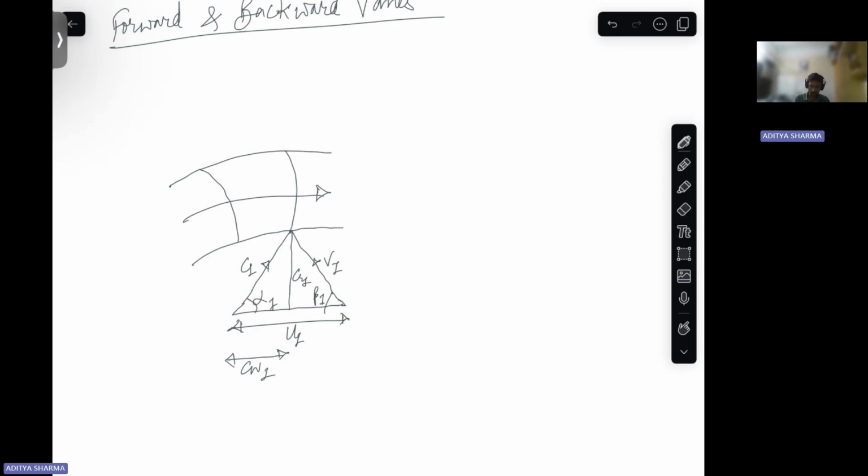Then at the outlet, from here we can differentiate the difference between these two types of vanes. So this is your absolute, this is your relative, V2 is relative.